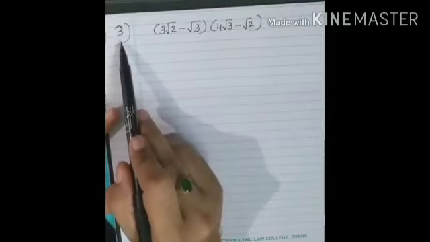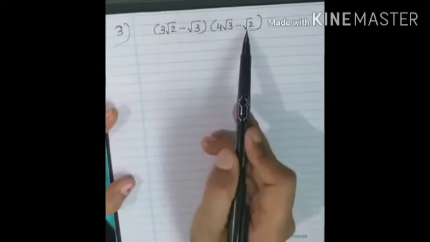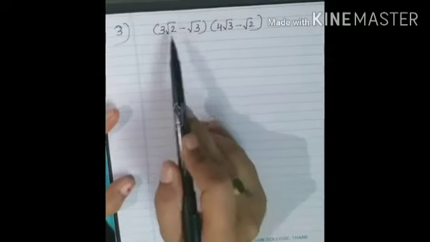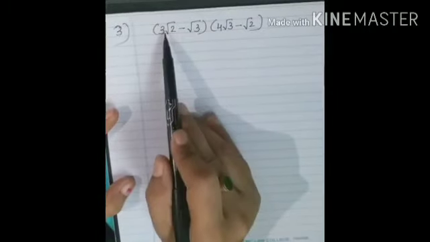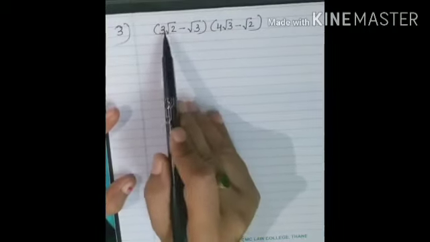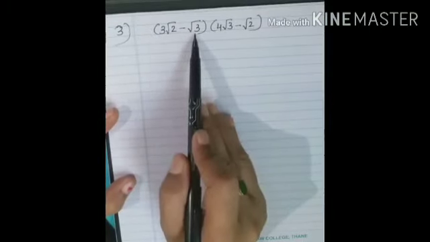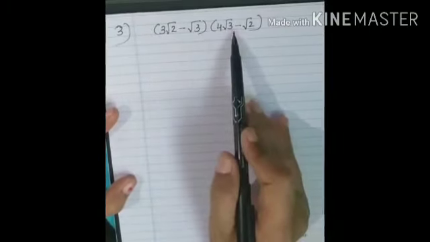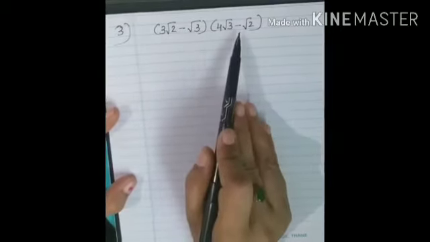Question number 3. Here children, this is the binomial and this is also binomial. Binomial means whenever two terms are there, it's known as binomial. This is one term and this is another term. Here in the bracket, two terms are there, so this bracket is known as a binomial. And here also binomial. It means children, binomial multiply by binomial.